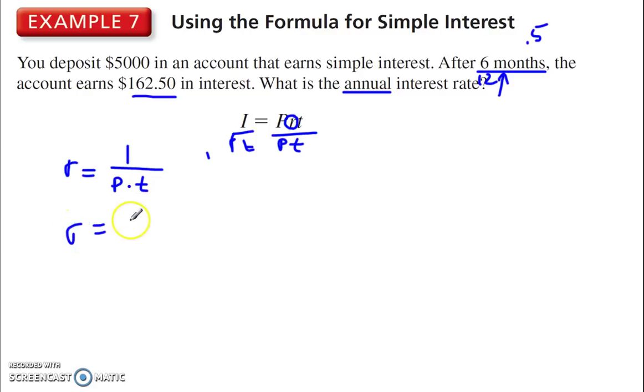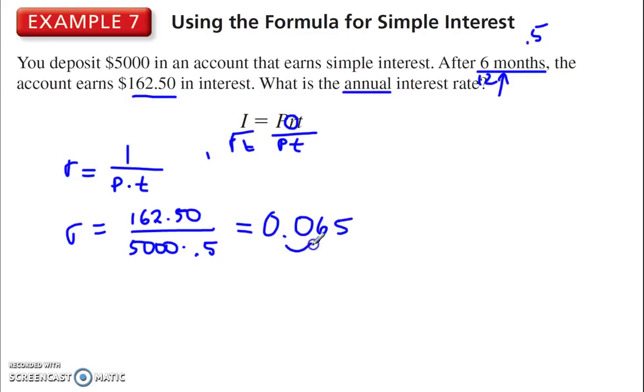So R is equal to the interest earned, 162.50, over 5,000 times the time, and that is 0.5. Okay, and we type that in, and that is 0.065, which, if we want this in percents, we move it over 2 places, 6.5%. All right, always make sure your answer is reasonable.